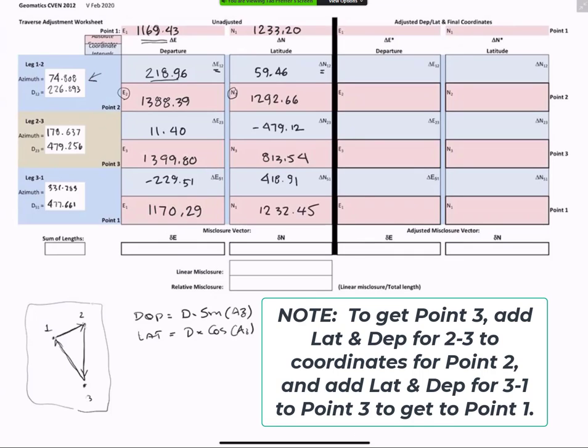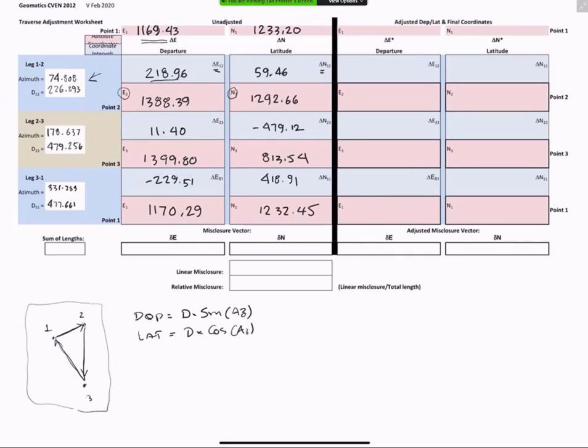Okay, and now let's see how we've come out. What's the difference between our beginning coordinate for point 1 and our ending coordinate for point 1? Well, in the east, it's going to be 0.856. And in the north, it is minus 0.754.